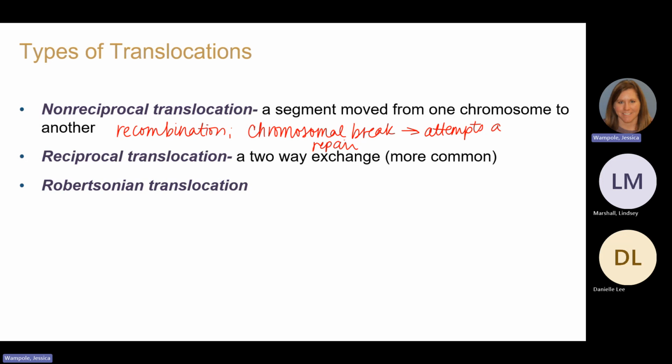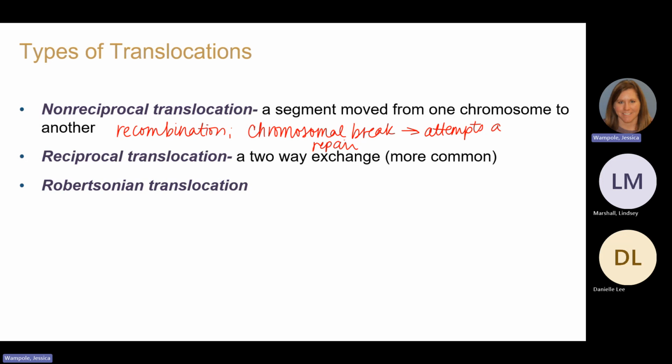So remember, one of our checkpoints during meiosis is the S-phase checkpoint, or right before S-phase, sorry, to make sure that our chromosomes are ready to go, ready for replication. And then again, after S-phase, we have another checkpoint to make sure that everything has been replicated.